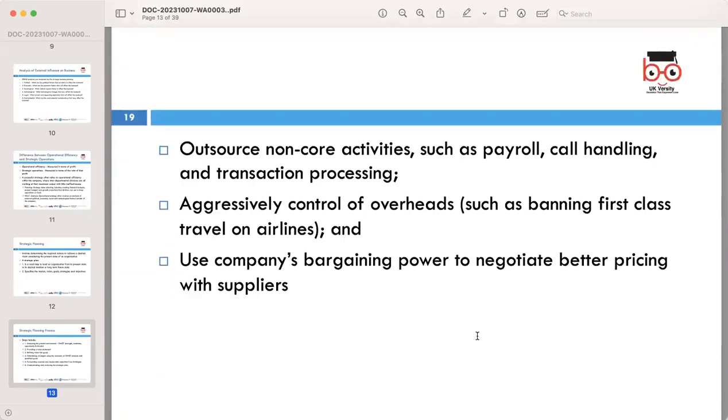Outsource non-core activities such as payroll or call handling and transaction processing. Aggressively control overhead such as banning first class travel on airlines, and use the company's bargaining power to negotiate better pricing with suppliers. All these actions can reduce your cost.